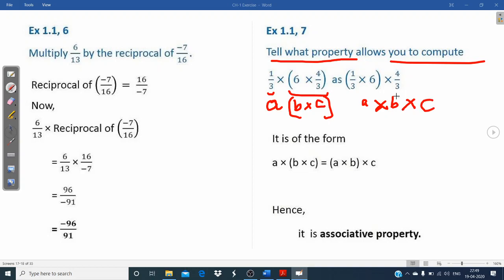Three terms were there. In the first form, we made a group of the second and third numbers. Now we are making a group of the first and second numbers. So, as we have learned, a multiplied by b into c will be equal to a into b, whatever the result, multiplied by c. And the name of this property is the associative property.